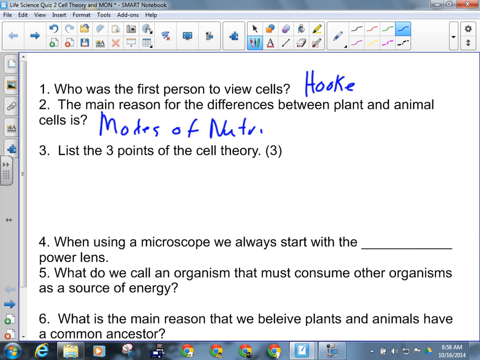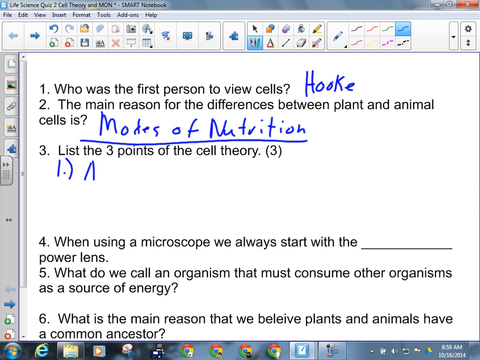If they wrote a little more than that, like plants are photosynthetic and animals eat other organisms, I'll accept that because that's essentially what this is. So if they have something along those lines, you can give them the mark. Yeah, okay. Incidentally, in the future, these are the 3 words I'm going to want to see. Right, modes of nutrition.